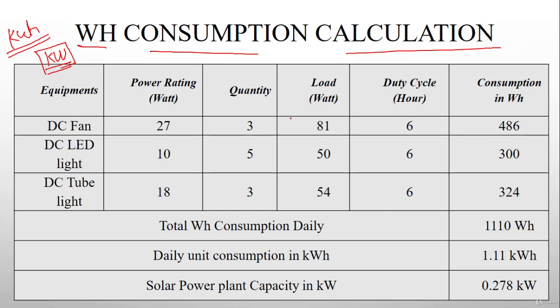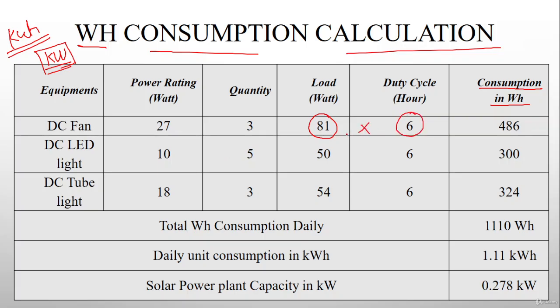This table is similar to the one in the earlier slide. Only the last column has been added, that is the consumption in terms of watt hour. The watt hour consumption is simply the load in watts multiplied by how many hours the equipment is working.